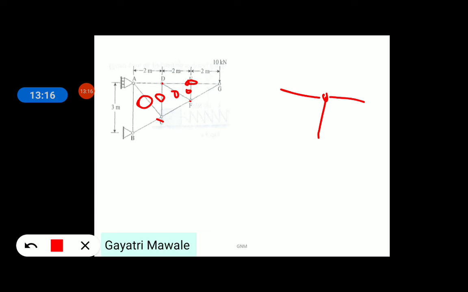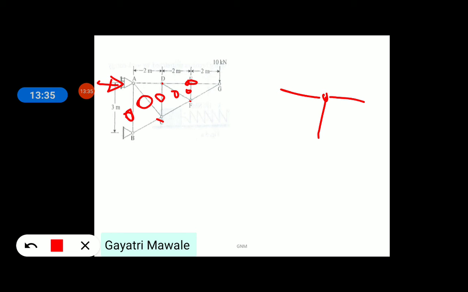Now A joint is a roller. So reaction for this roller will be horizontal, which will balance force in AD member. But to balance the force in AB member, there is no other vertical force. So this will also be a 0 force member.